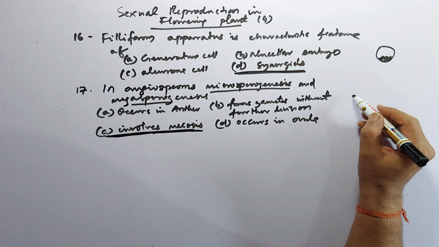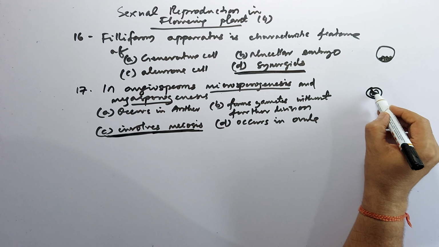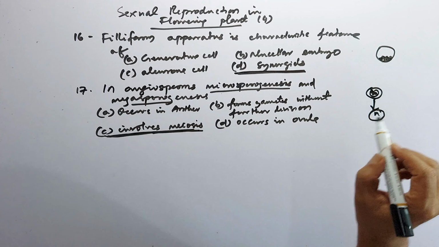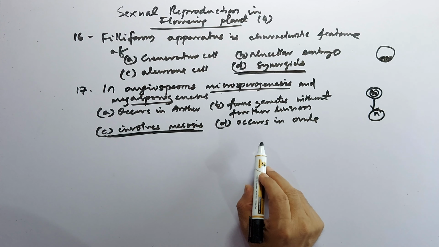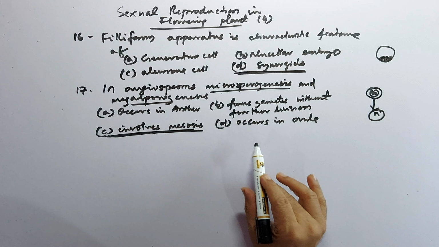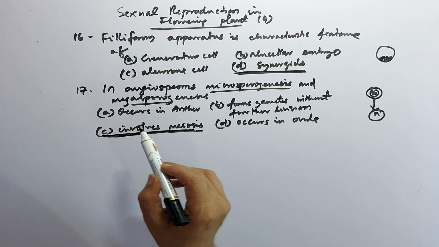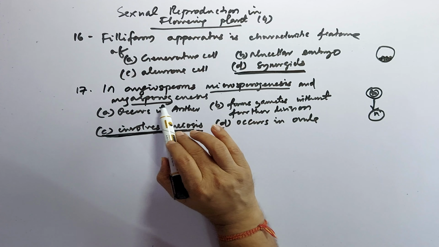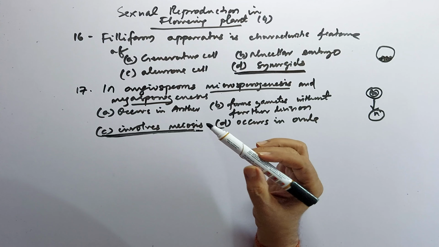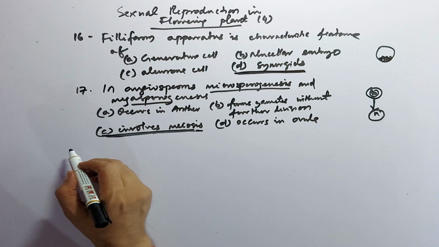Meiosis is the reductional division, from 2n to n, and it has a very significant role in maintaining the chromosome number constant and an important role in sexual reproduction. So involving meiosis is the common characteristic of microsporogenesis as well as megasporogenesis, but all others do not fit, so they are rejected, and this is the correct answer.